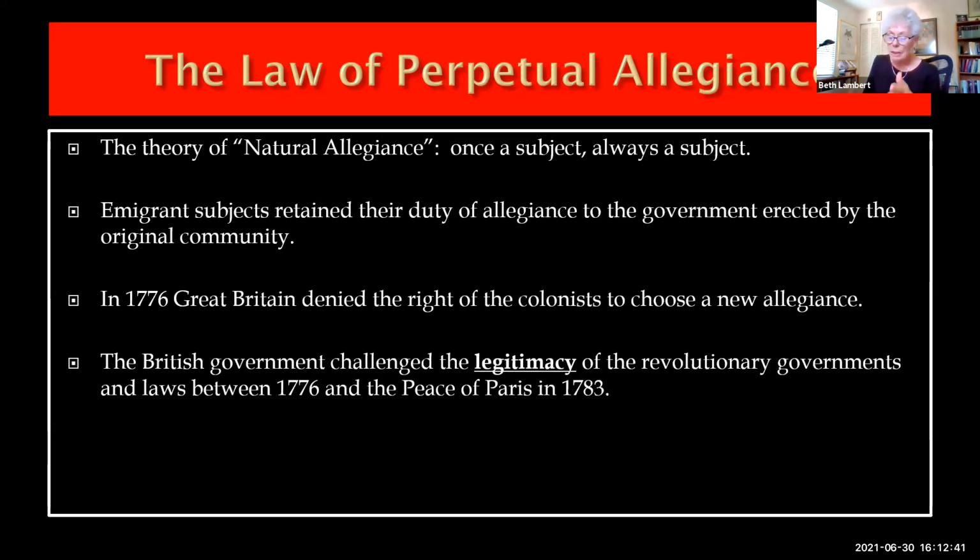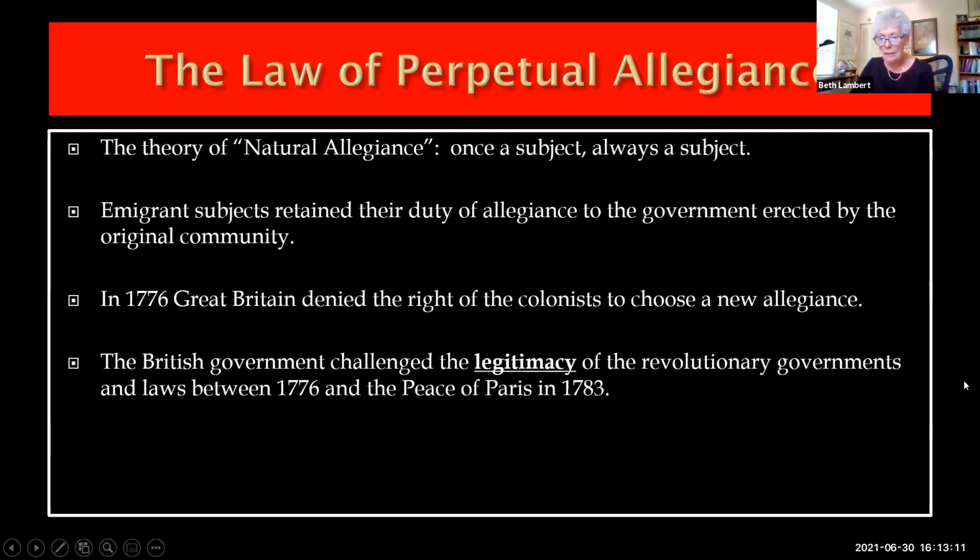If you remember, that all started with the British impressment of sailors on American ships, because the British said that if you were born before the Peace of Paris in 1783, you were a British subject, and if you were an American, you could be captured because you were a traitor.